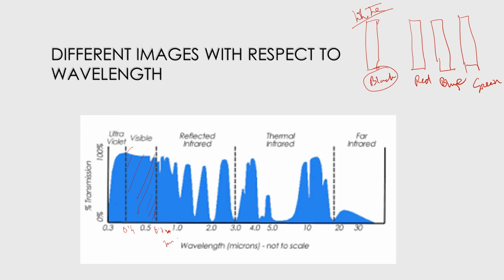And this is reflected infrared, meaning a large amount of light is being refracted and has gone into the infrared area, that means beyond red. Thermal infrared is a higher reflection wavelength, and far infrared is of course a very high wavelength.